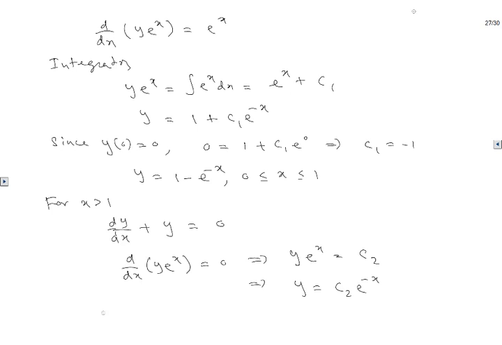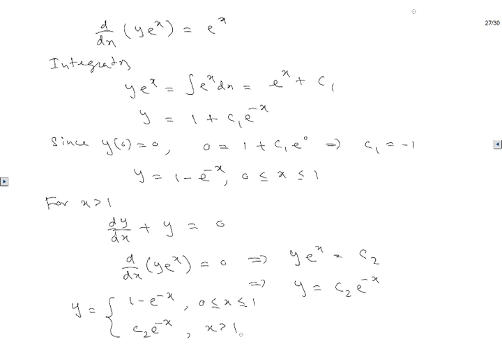So you can write the solution as a piecewise function: 1 minus e to the minus x on the interval 0 to 1, and c2 e to the negative x for x greater than 1.